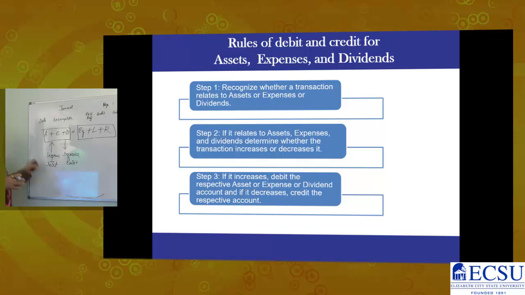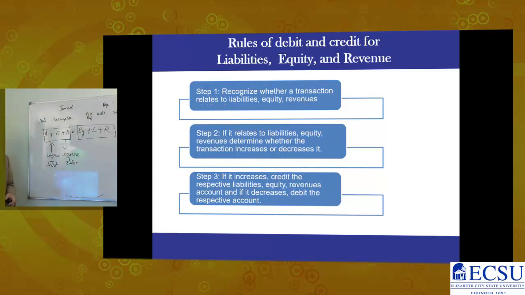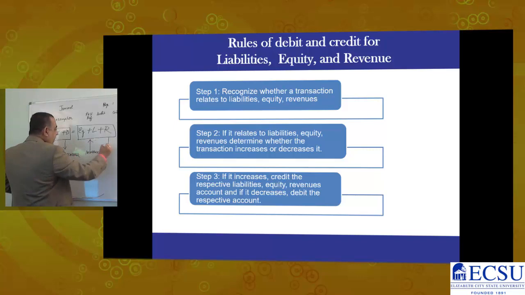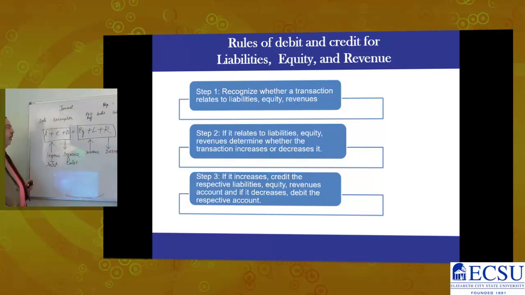So that's the rule of debit and credit for assets, expenses and dividends. As I said, when we go to the other side, that is the liabilities, equity and revenue, the rules are going to be exactly the opposite. Again, we find out whether there is an increase or decrease in these items. Whether the equity, liability or revenue is increasing or decreasing.